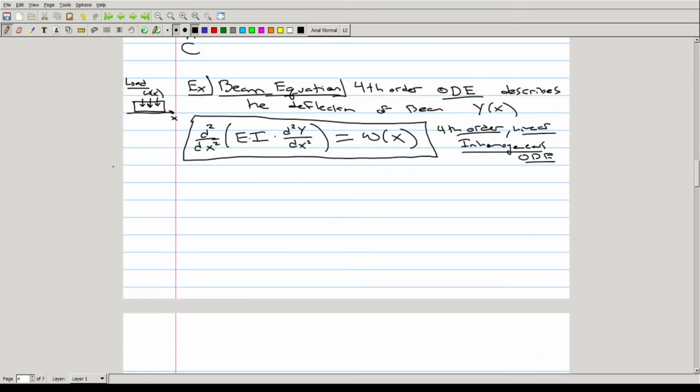And in general, E is called the elastic modulus of the material.